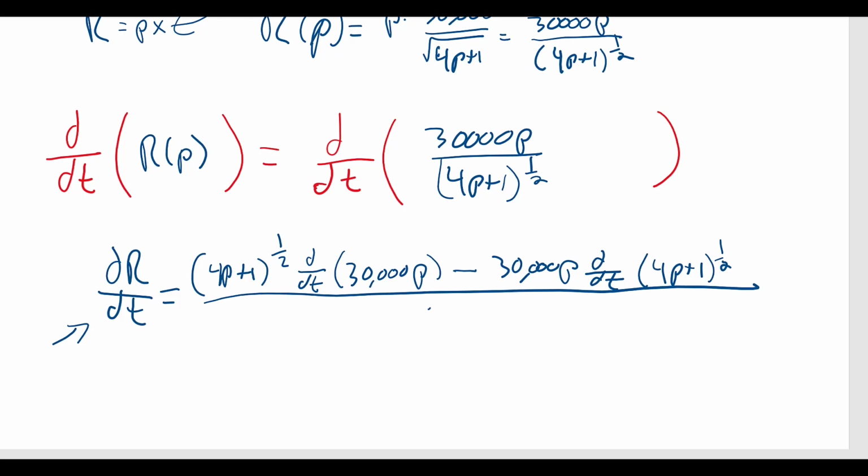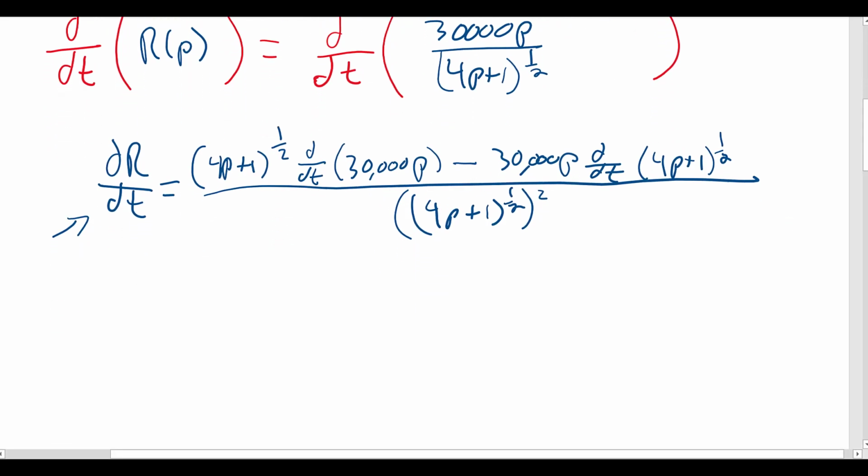So we have 4p plus 1 to the 1/2 squared. So that's low d high minus high d low, all over the square of what's below.